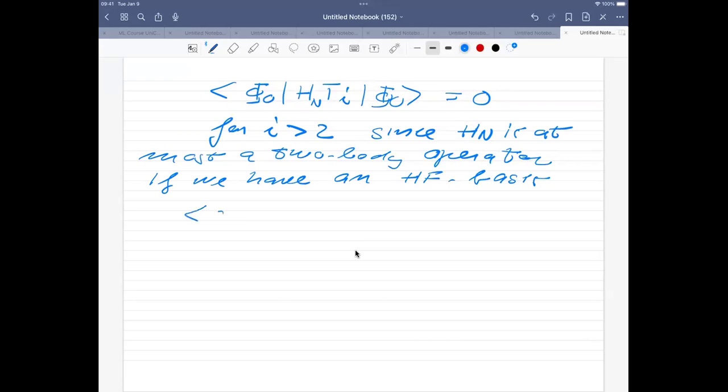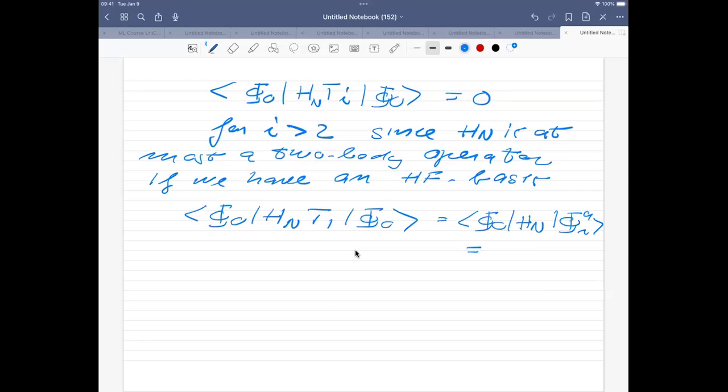Then we know that phi 0, H_N times T_I, multiplied with phi 0, is the same as phi 0 with my H_N, and then a one-particle, one-hole state, where I just picked one possible state, and we know that that one is equal to 0.